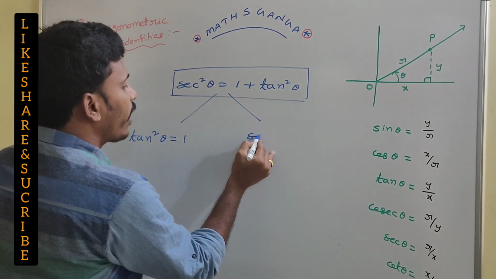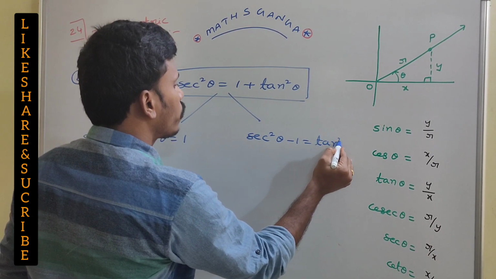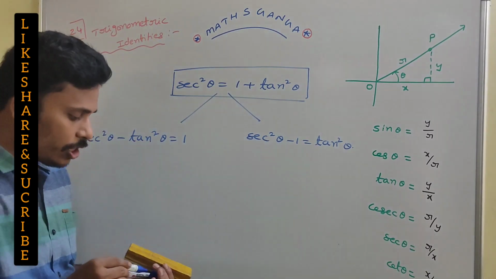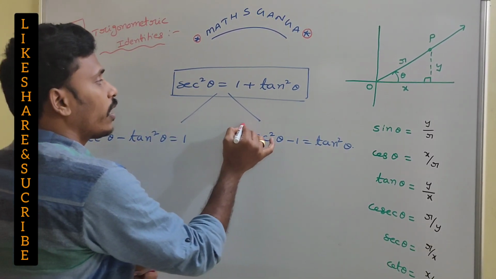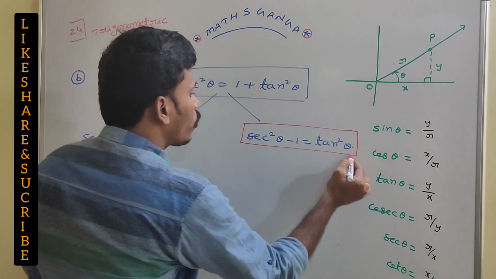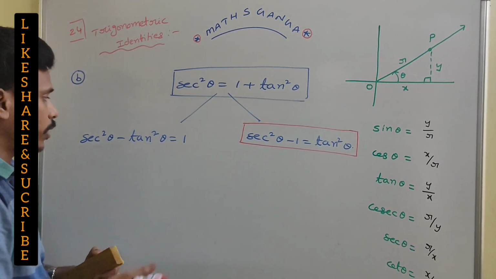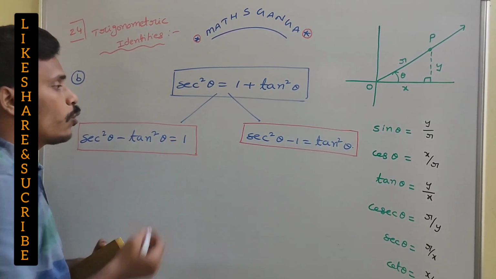In another case, I will write it like this: secant square theta minus 1 equals tan square theta. These two statements are again somewhat important to memorize. Secant square theta equals what? 1 plus tan square theta, whereas tan square theta equals what? Secant square theta minus 1. And in particular, secant square theta minus tan square theta equals 1.